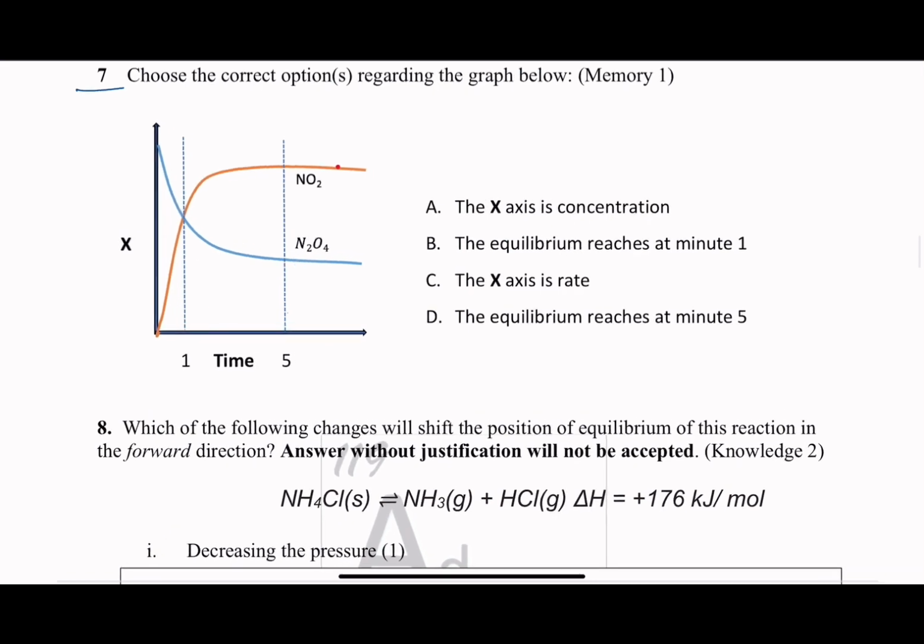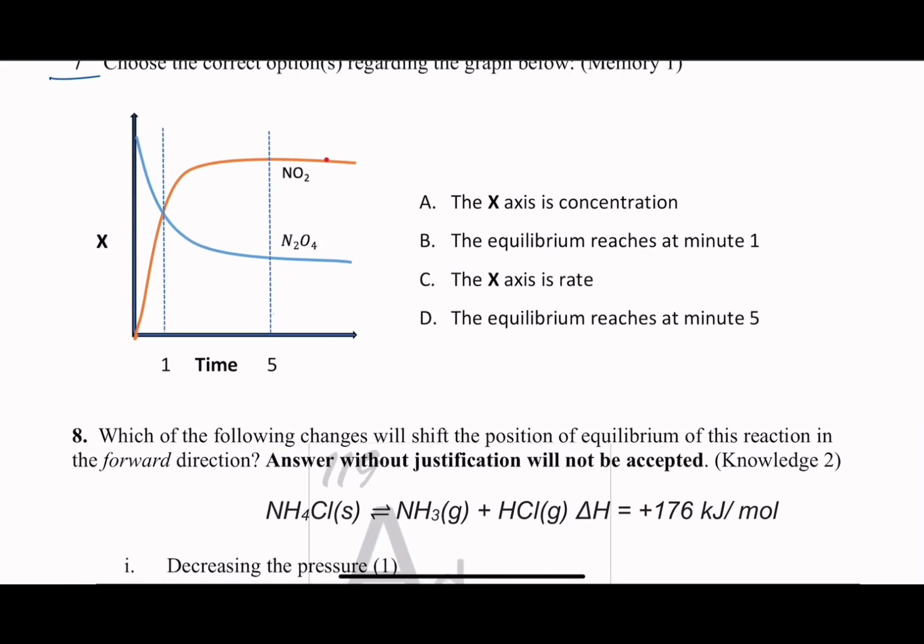So over here, there's actually a typo in this equation. It says that the equilibrium reaches. It's not right. We say we have equilibrium at minute 5.